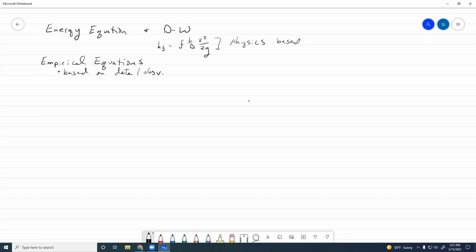And often it's just like fitting a line to some data. So for example, we could have a velocity, something that we're measuring, that we're interested in estimating ultimately for flow rate, right? And then we have some variable that we're interested in. For a pipe, it could be the slope, or we'll define this term a little more, the hydraulic radius.